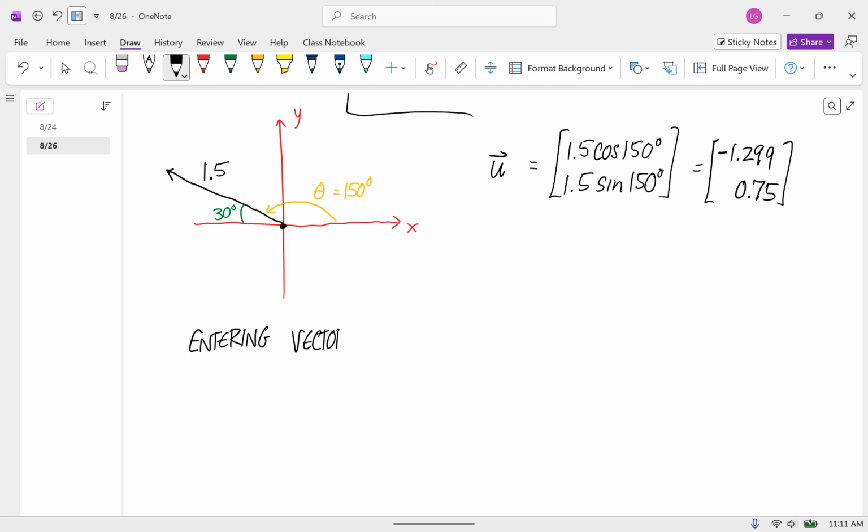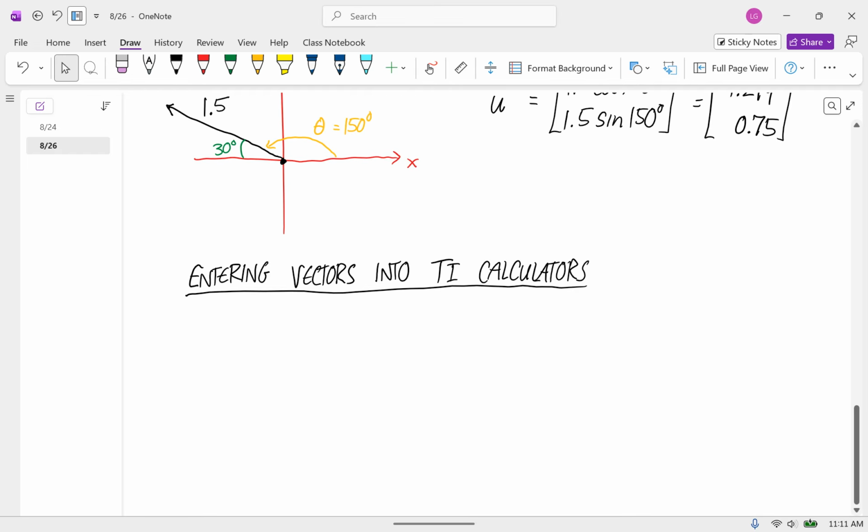So, entering vectors into Texas Instruments calculators. Texas Instruments calculators are awesome. The one thing that's a little annoying is every version that they make, everything is done totally differently.